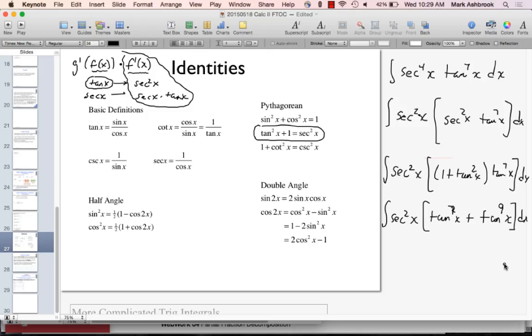What would this be? So secant squared times tangent to the 7th x, the antiderivative would be? Anyone see it? 1/8 tangent to the 8th. And then distributing the secant squared to tangent to the 9th, I would have 1/10 tangent to the 10th.